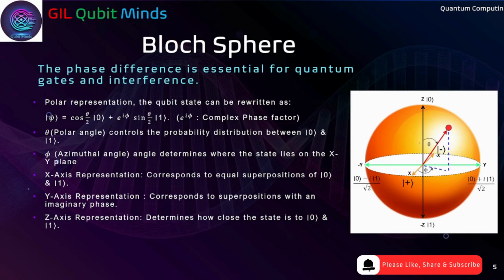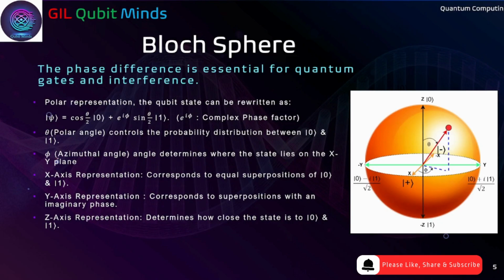Okay, so here we can see this is 0, 1, this is x, y, and these are the different coordinates. Here the polar coordinate is theta. This polar coordinate controls the probability distribution between 0 and 1. So what is the probability that it should be 0 or it should be 1?